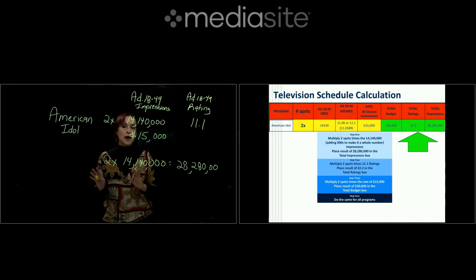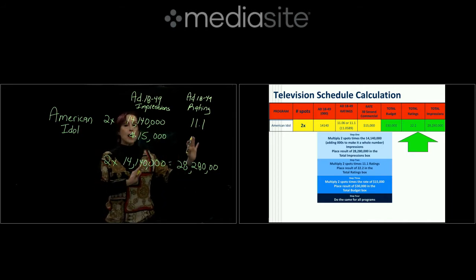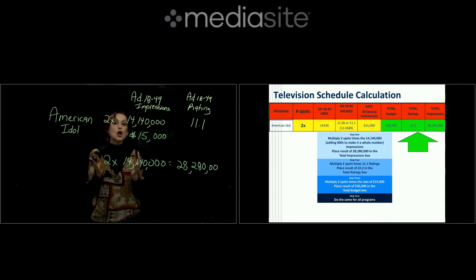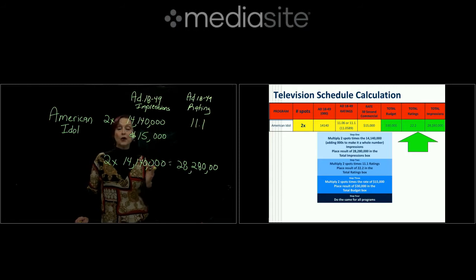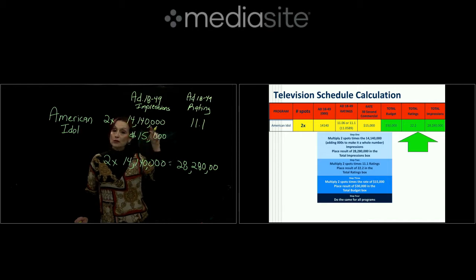Now, I'm doing it here on the board, but if you have the PowerPoint in front of you, you're going to place that in the box across and under the total impressions column. Remember that here we need to know the actual total eyeballs or total impressions. So you have to keep the 3 zeros because this is real delivery. You can also notice, by the way, that the 000 is not displayed at the top of the column. If the 000 was displayed, it means that those 3 zeros were taken out.